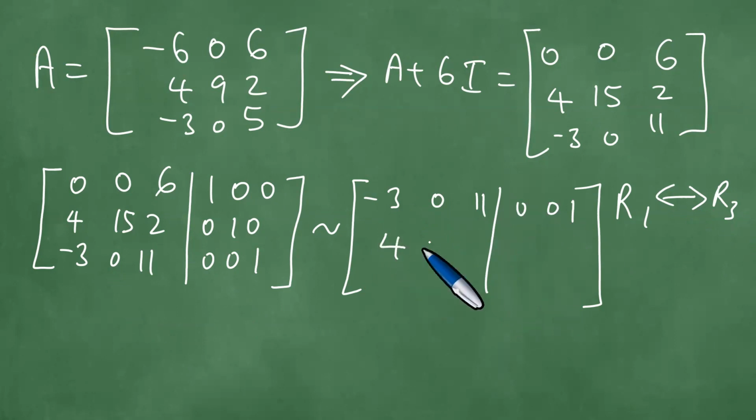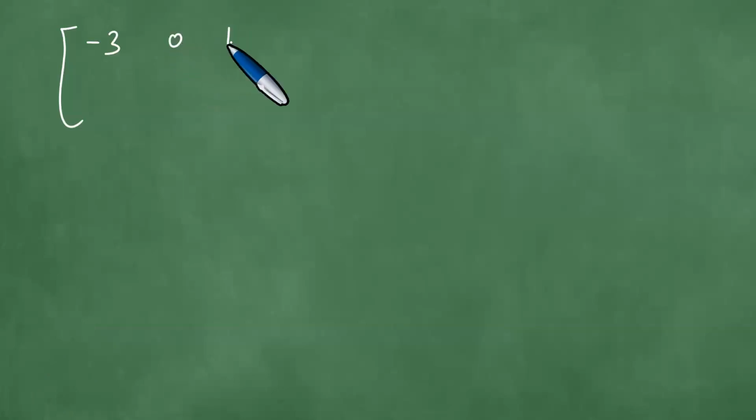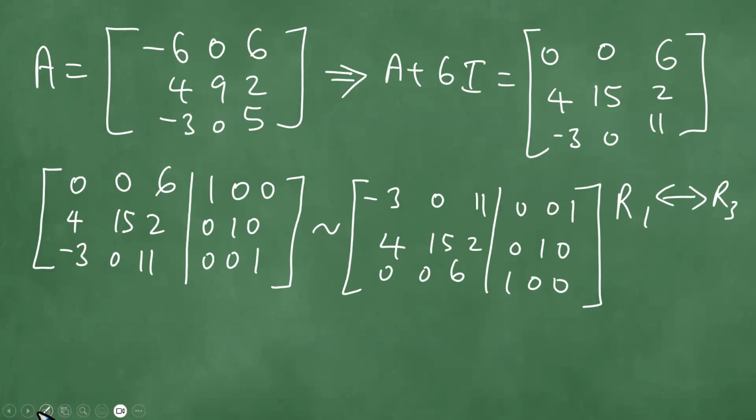The second row is unaltered. And then you have 6, which is minus 3, 0, 11, 0, 0, 1.